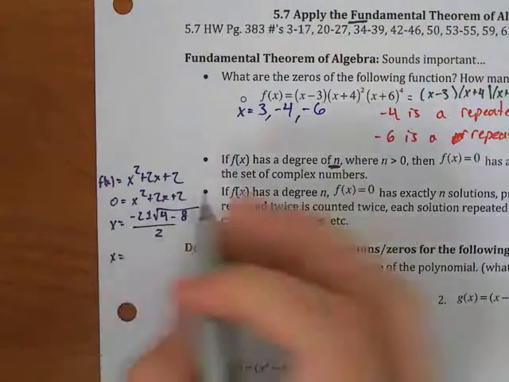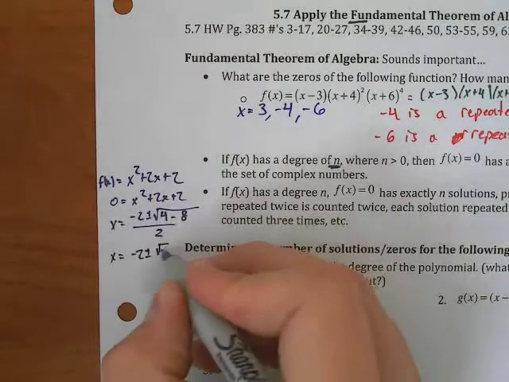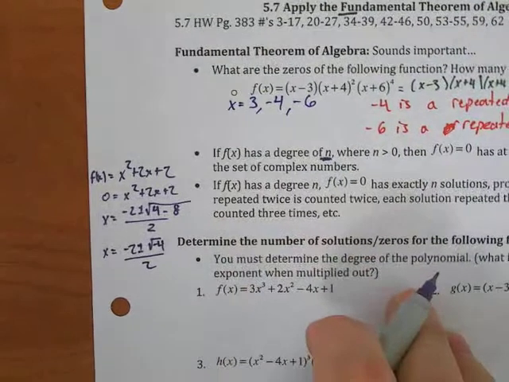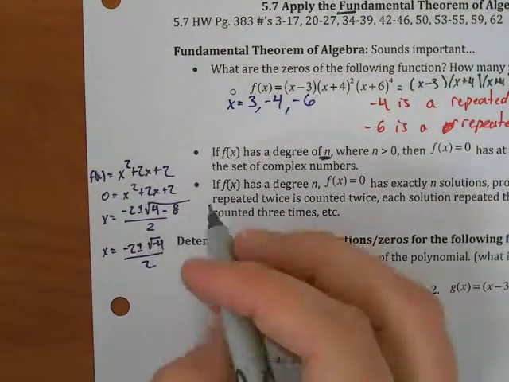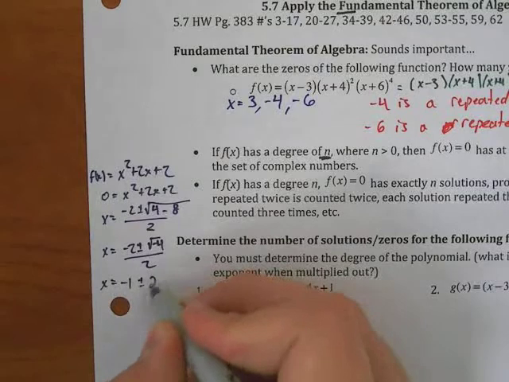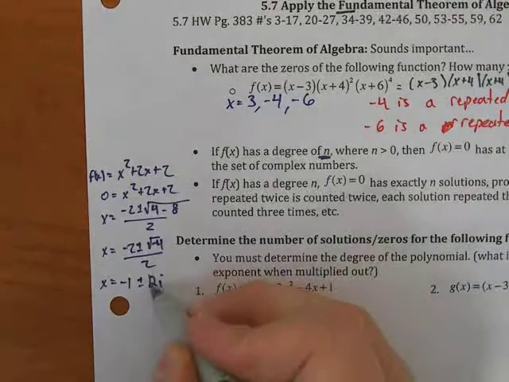So I get -2 plus or minus square root of -4 all over 2, and x equals -1 plus or minus i.